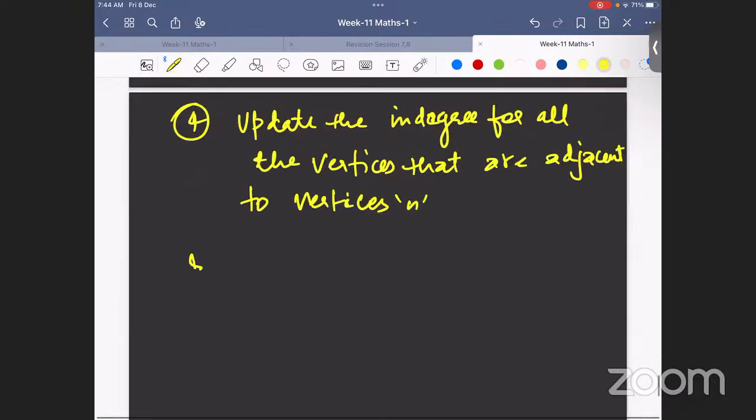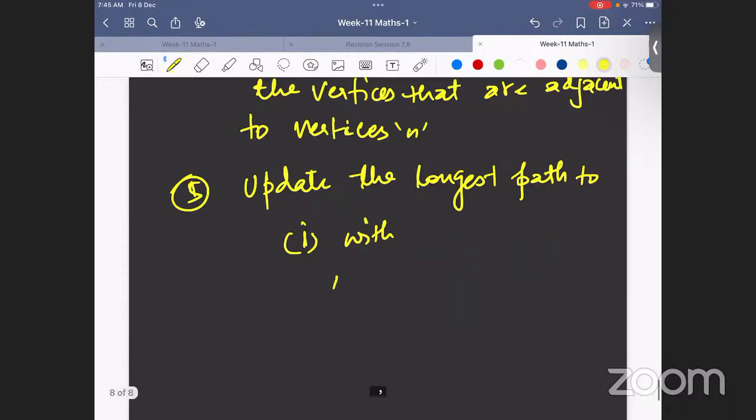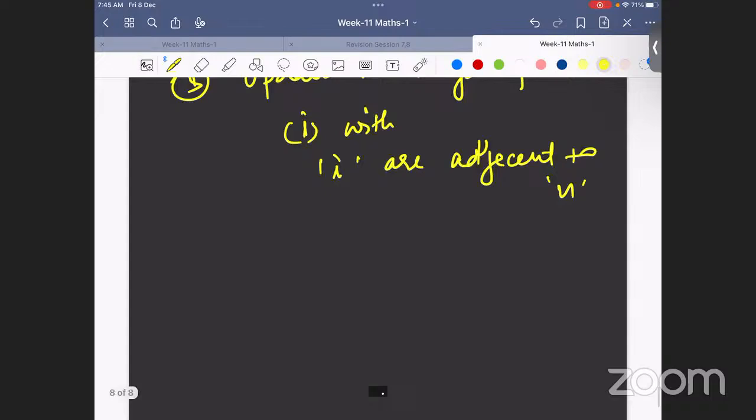So here you have to update the longest path to I also, with all I that are adjacent to U.